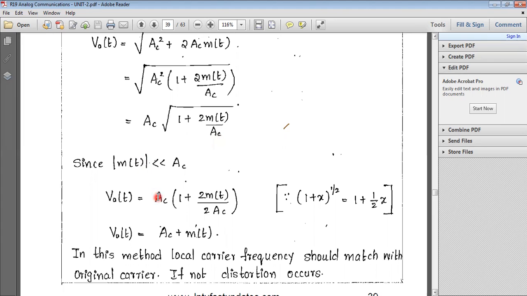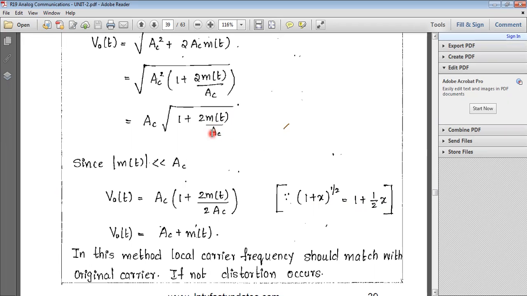Already you know m of t is very, very less compared to AC. According to the expansion of 1 plus x whole power 1 by 2, we can write it as 1 plus 1 by 2 into x.